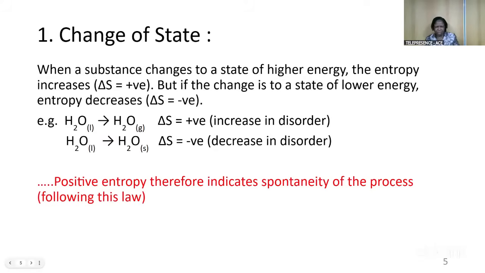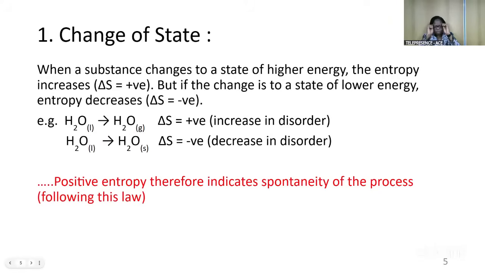So you can have change of states when you have a substance. There are three main categories that will be considered where you can determine the direction of entropy for a system.